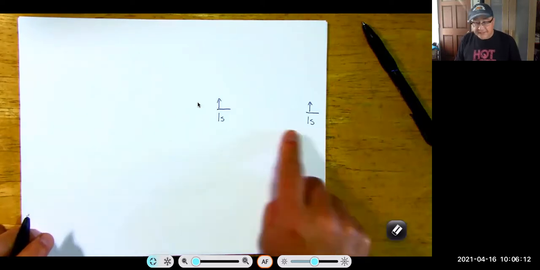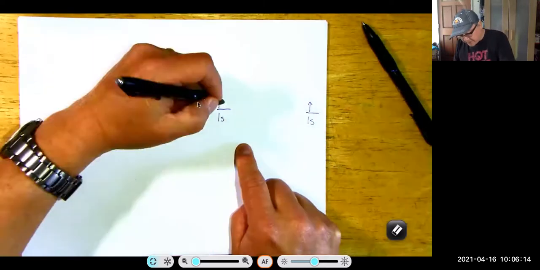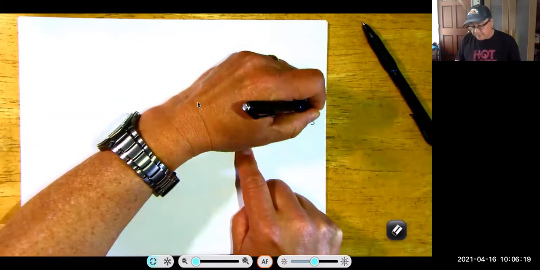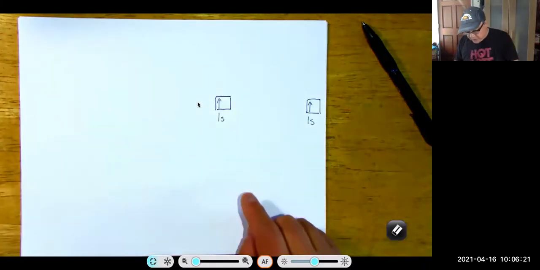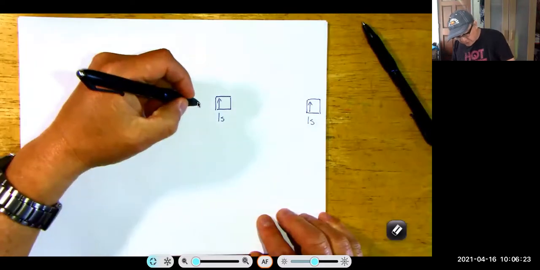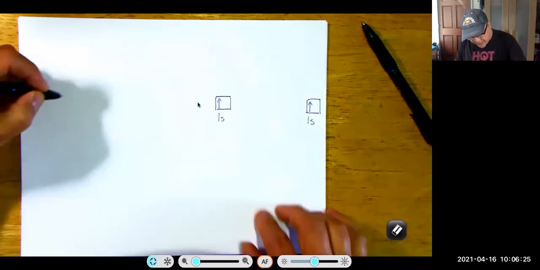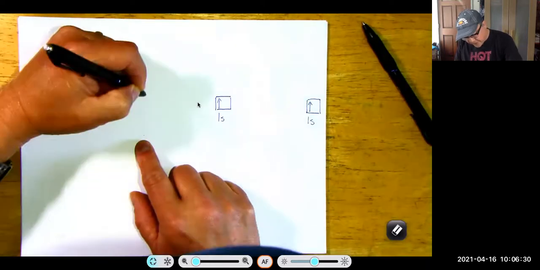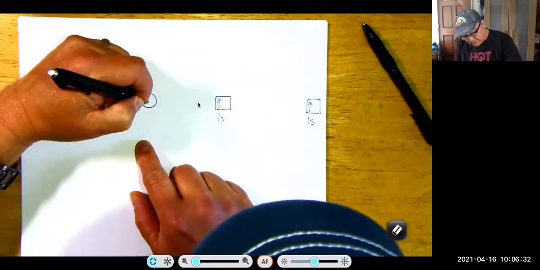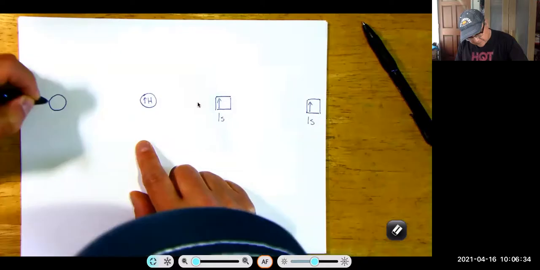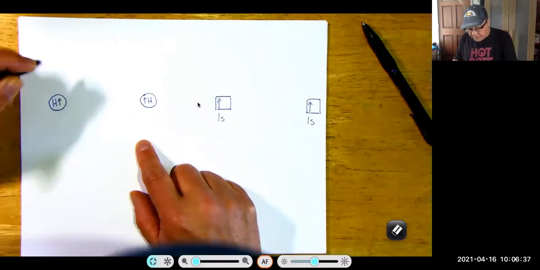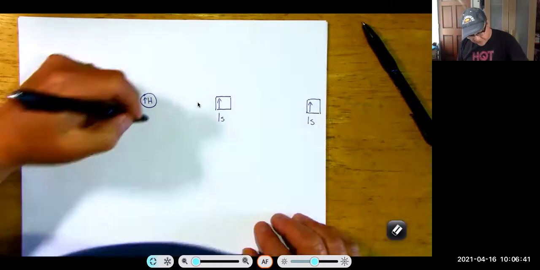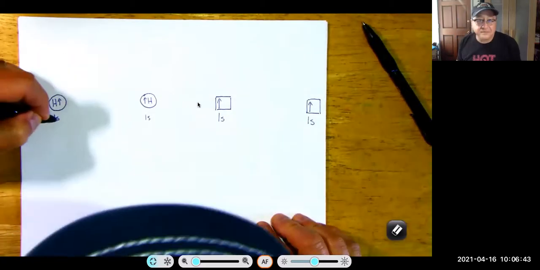In a sense, this is an orbital box diagram for hydrogen. Here's one of my hydrogen atoms, and here's the other hydrogen atom. Here's the orbital box diagram, and here's a picture of the 1s orbitals with their electrons in them.